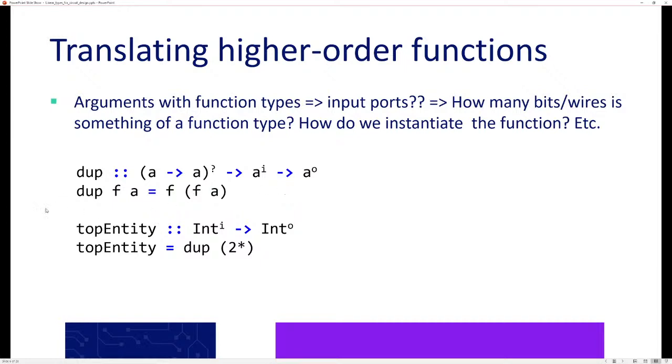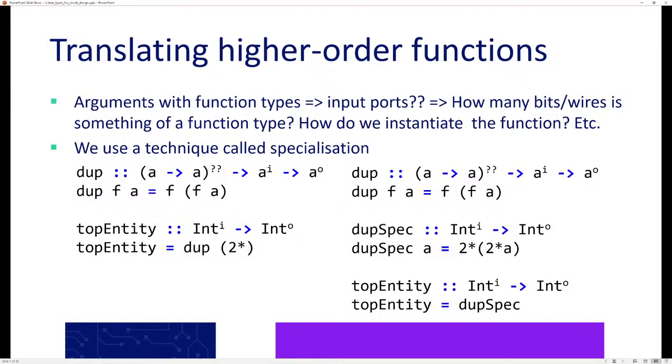So the way that Clash currently solves it is through a process called specialization, because Clash is a whole program compiler. So we make a copy of this dup function, and we substitute the applied arguments in all the places where we have a reference to the argument which has a function type.